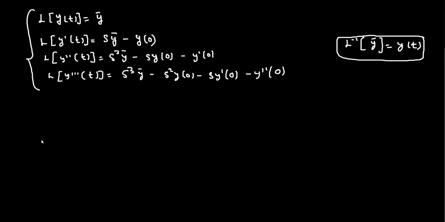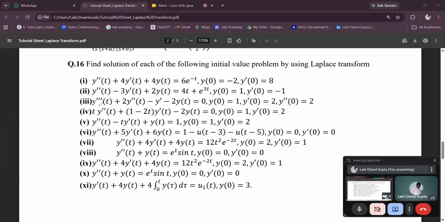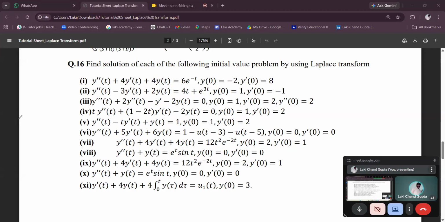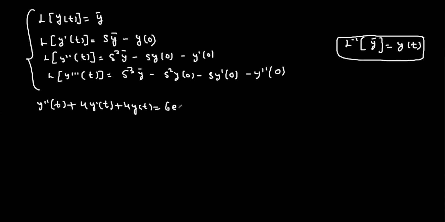For example, question number one. Let's start question number one. Y double dash t plus 4y dash t plus 4y t is equal to 6e to the power minus t.